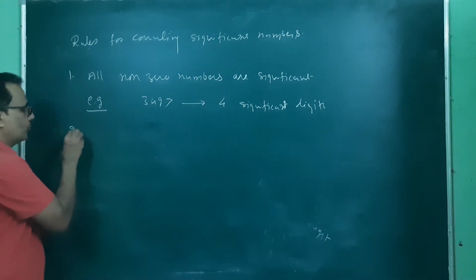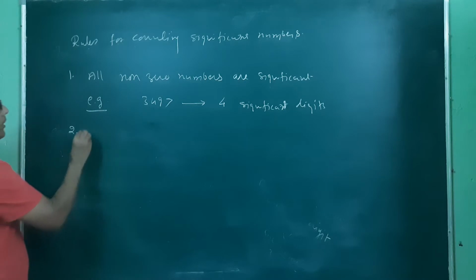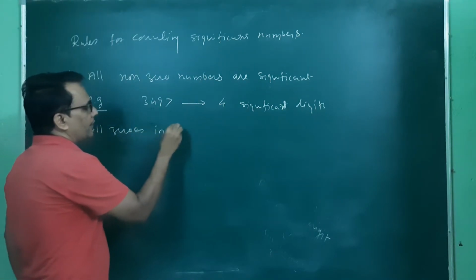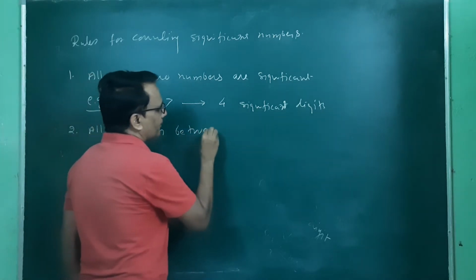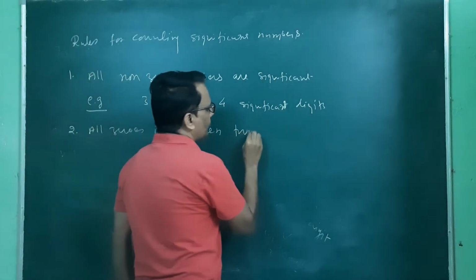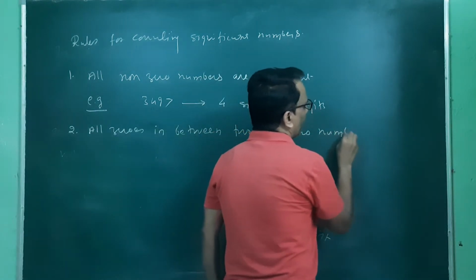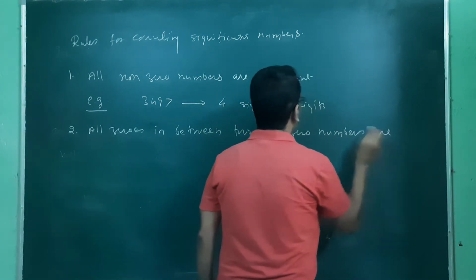Rule number 2: all zeros in between two non-zero numbers are significant.